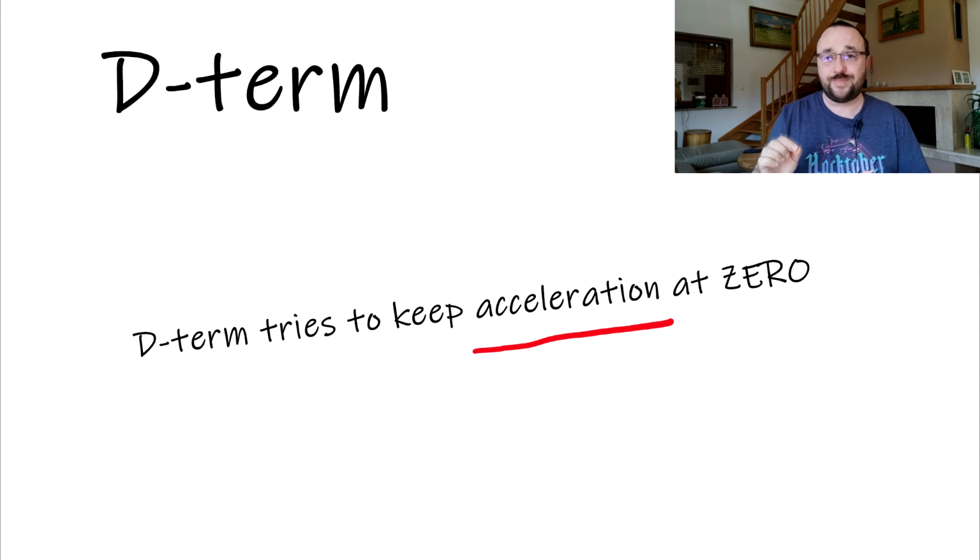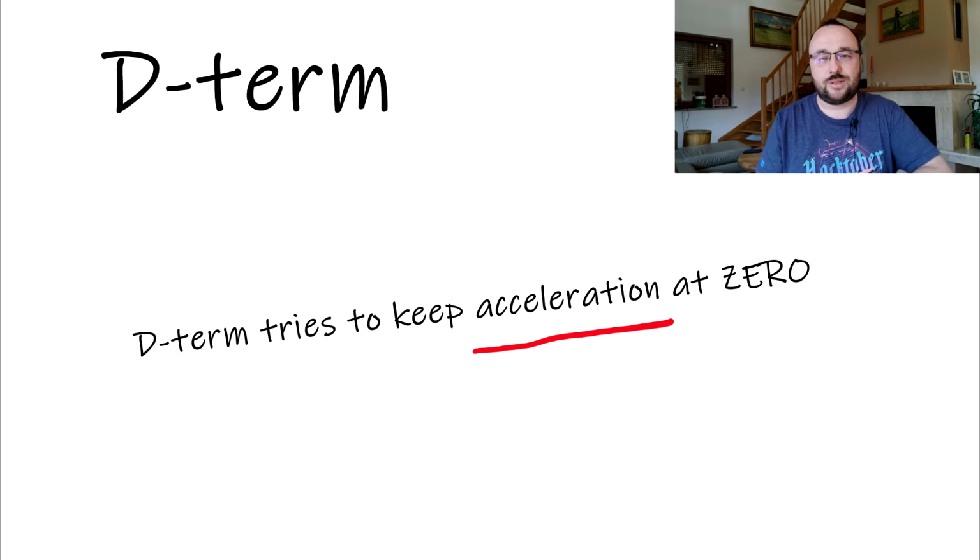The D term is keeping the acceleration at 0, because with the D term we compare the difference between the last step and the current step, and we take only this difference into consideration. We compute not the error, but the acceleration. Of what? It can be either the acceleration of the measurement, of the set point, or of the error.